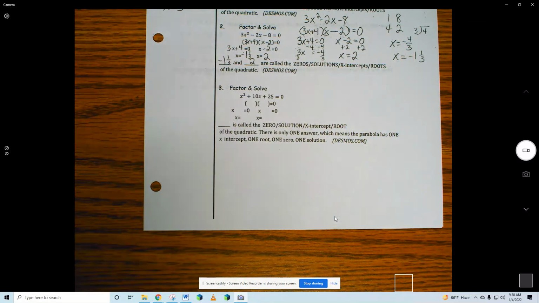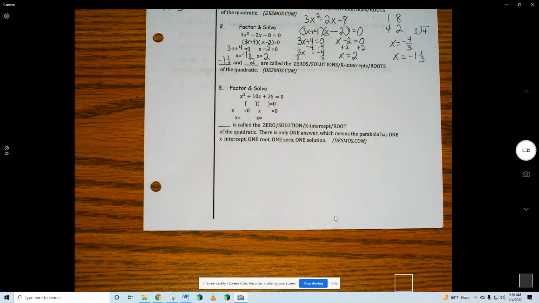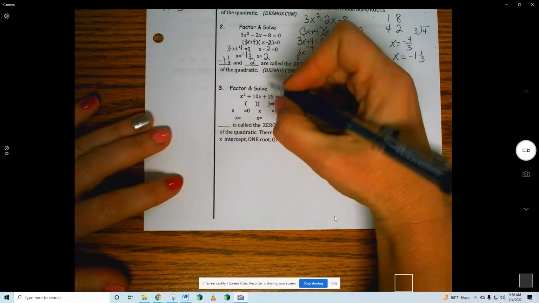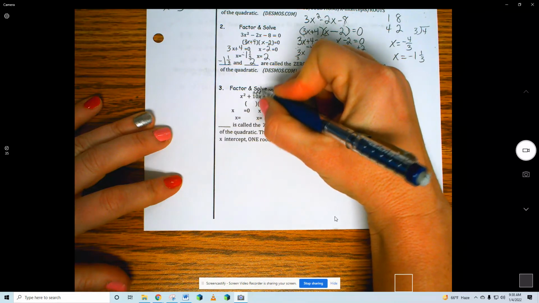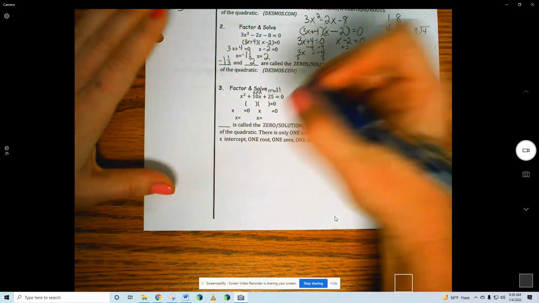Okay. X squared plus 10x plus 25. Two numbers that multiply to make 25 and add to 10. 5 and 5. You're right.